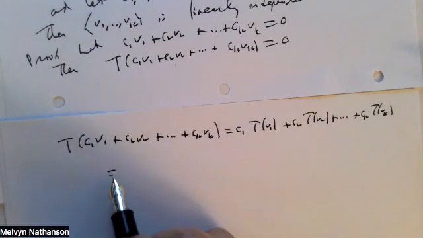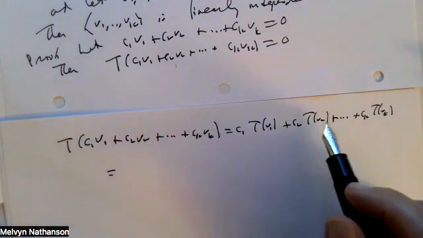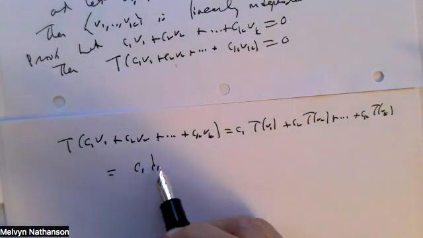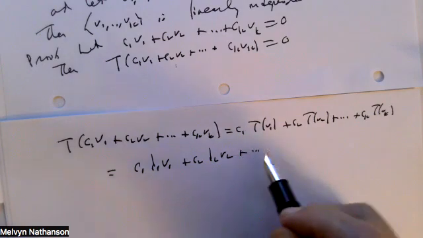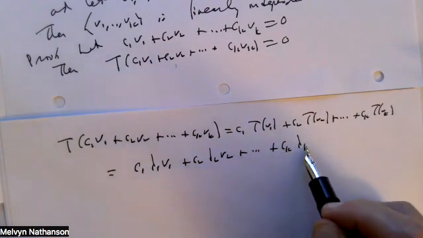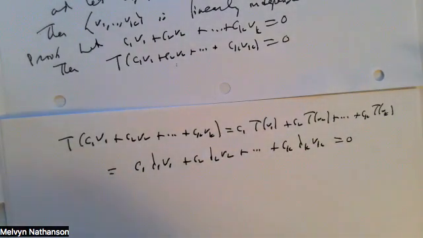And because each of these vectors is an eigenvector, T of vi is lambda i vi, this is c1 lambda 1 v1 plus c2 lambda 2 v2 plus ck lambda k vk, and that equals 0.